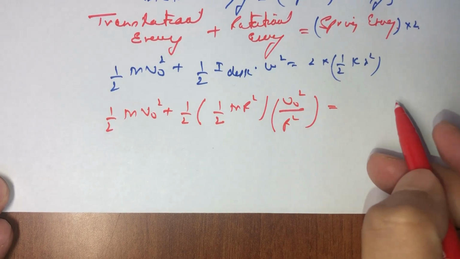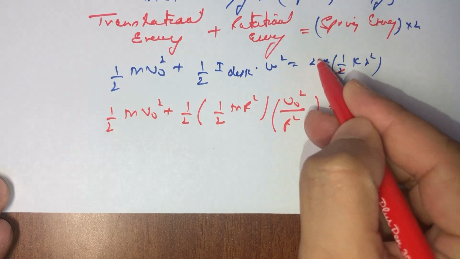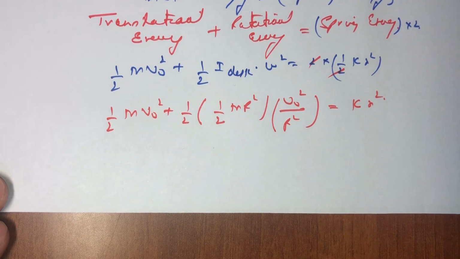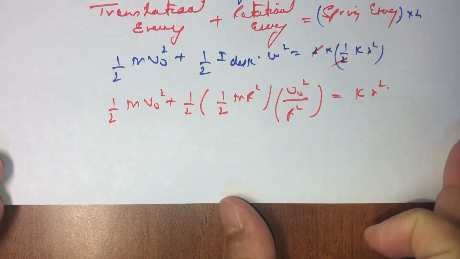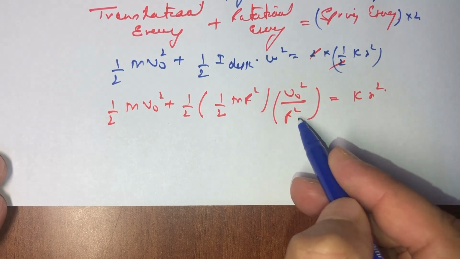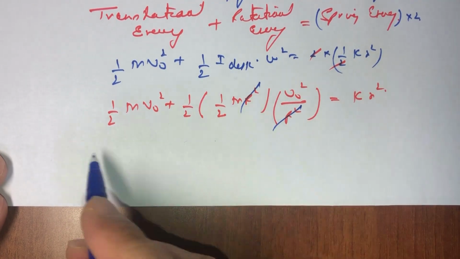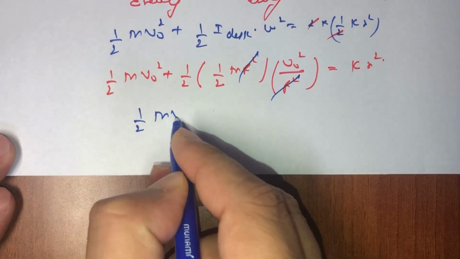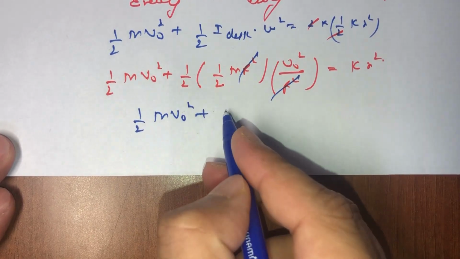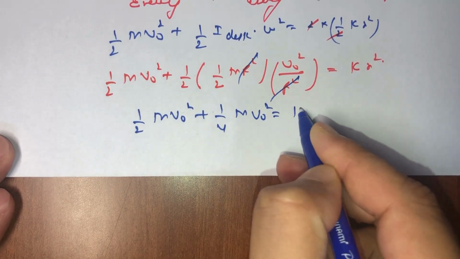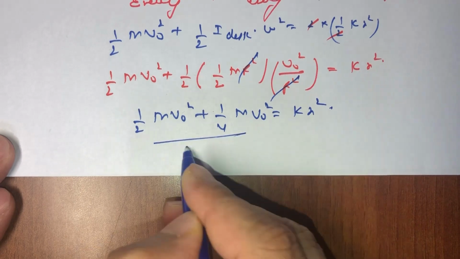This will be equal to, and 2 cancels with 2, so we get kx square. Here r square goes with r square, and the rest are the same, so we get half m V naught square plus 1 by 4 m V naught square is equal to kx square.